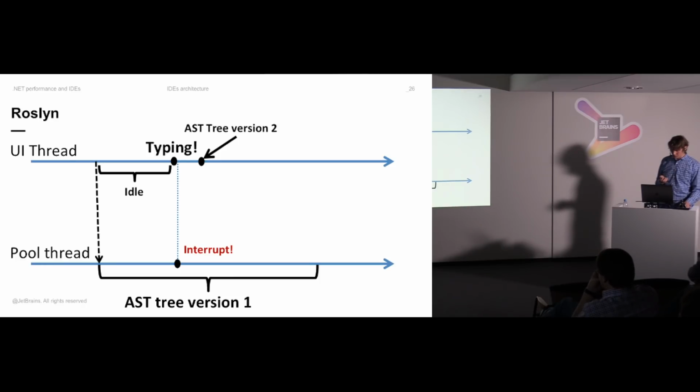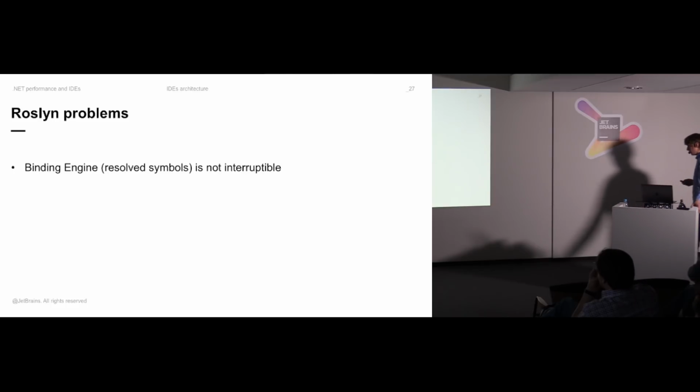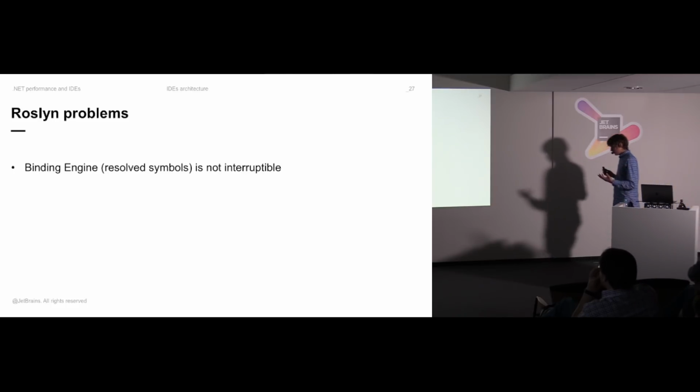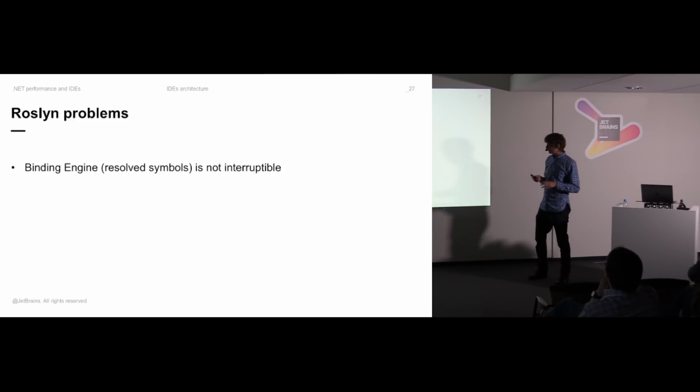But even with this beautiful approach, the Roslyn guys faced another major problem, which is the binding engine. It's going to be very hard, but just in brief, the binding engine is an engine that resolves the symbols.